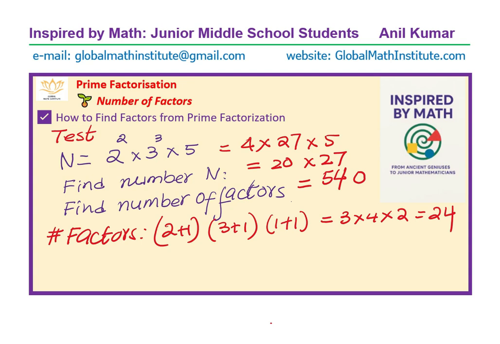And this time, in the last example, we had the prime factorization. We did the reverse calculation of finding the number and then the number of factors. So, I hope with this you have a command on this topic of factorization, prime factorization, and relating that to the number of factors.